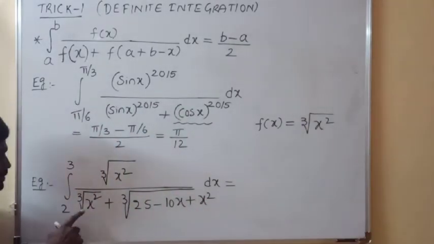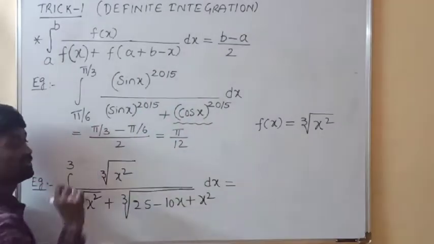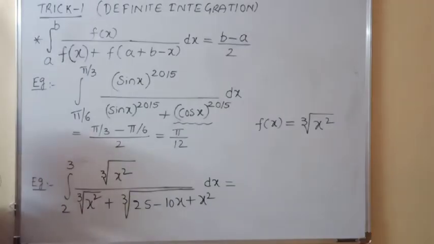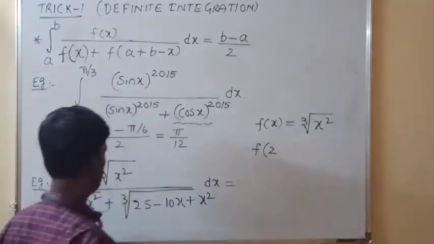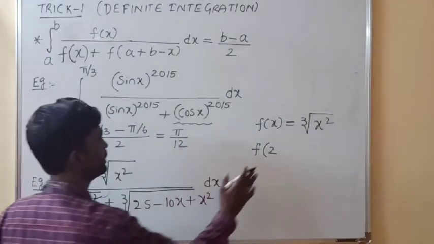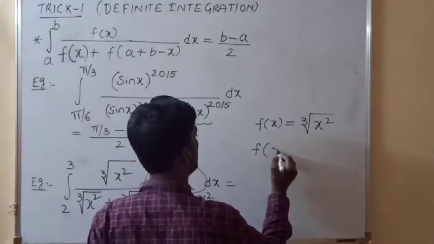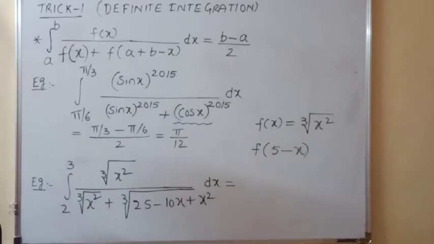Then this term we have to check whether it is equal to f of (a plus b minus x). So calculate f of (a plus b minus x). 2 plus 3 is 5, so it is f of (5 minus x), since the a plus b value is 5.